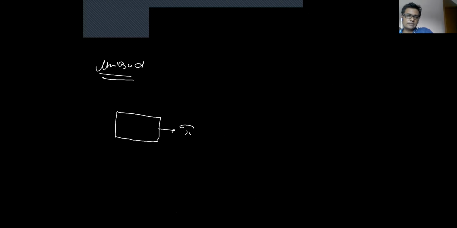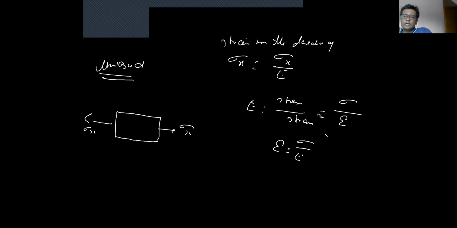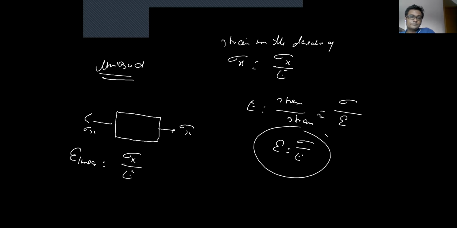Suppose it's sigma x. The strain in the direction of sigma x is sigma x upon E. Why? E is the stress upon strain, sigma upon epsilon. So if you want to find the epsilon, that would be sigma upon E. So the strain in the linear direction will be sigma x upon E.